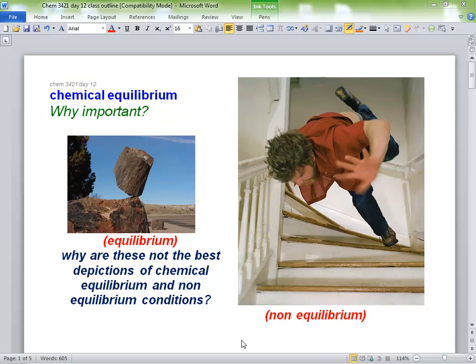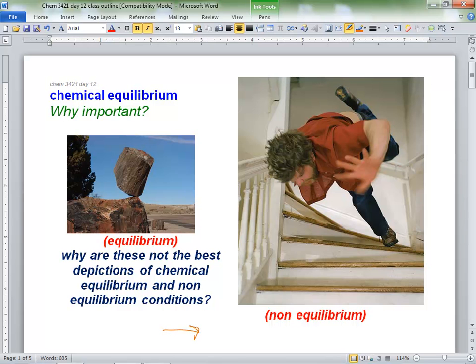Equation. Something's about to happen. In equilibrium, you've got it going in both directions. It's something that we're too lazy to do, especially me. When you draw a reaction, you end up doing that, but you're not supposed to do just that. Both directions, right?